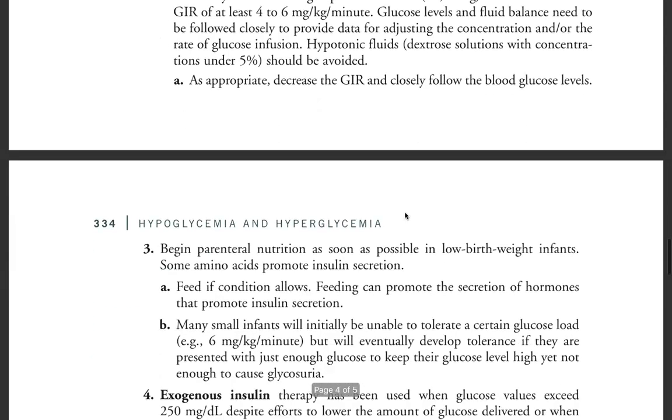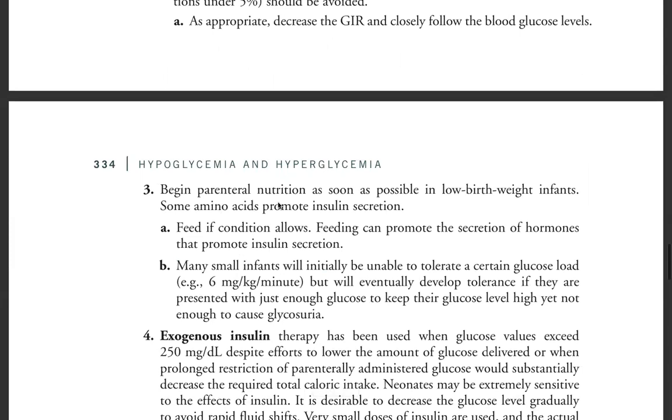Then you should start parenteral nutrition as soon as possible. That means you should add amino acids, as some amino acids may promote insulin secretion, and feed as soon as possible. Whenever the condition allows, feed, because giving feed will secrete insulinogogues from the intestine. Cholecystokinin and other intestinal hormones will release insulin.